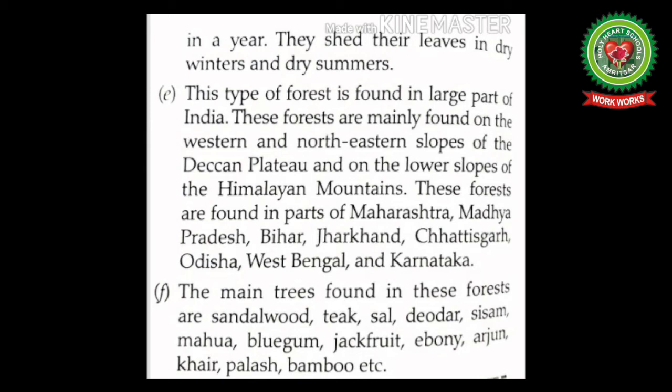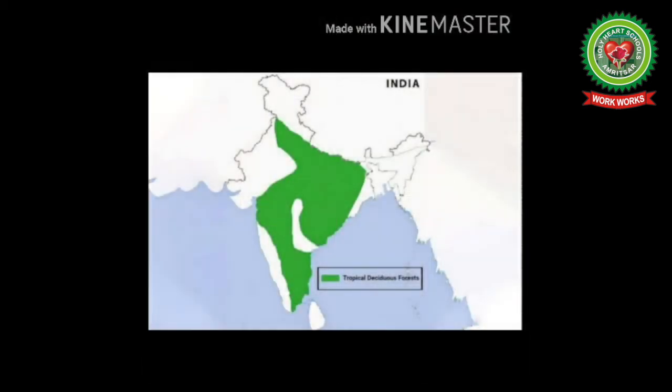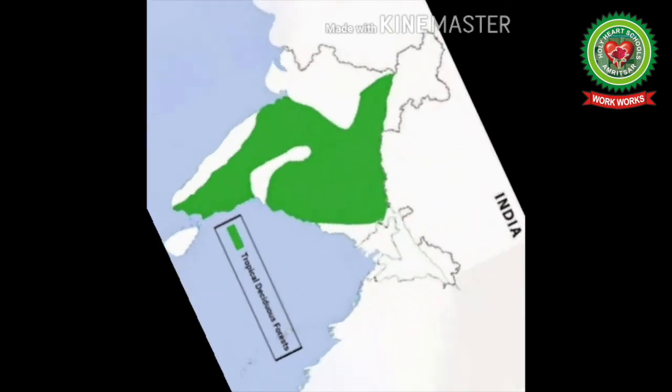These forests are mainly found on the western and northeastern slopes of the Deccan Plateau and on the lower slopes of the Himalayan mountains. These forests are found in parts of Maharashtra, Madhya Pradesh, Bihar, Jharkhand, Chhattisgarh, Odisha, West Bengal, and Karnataka.